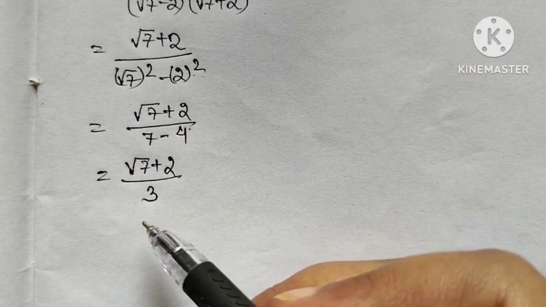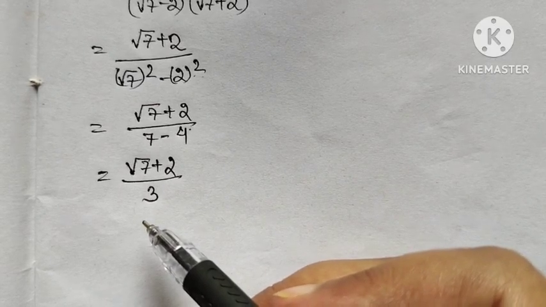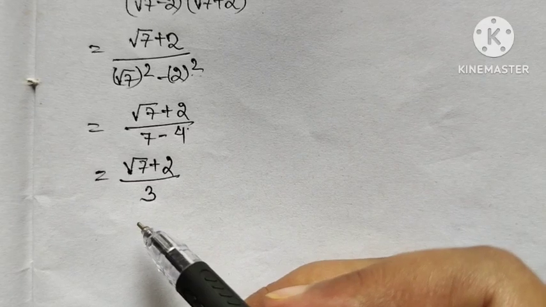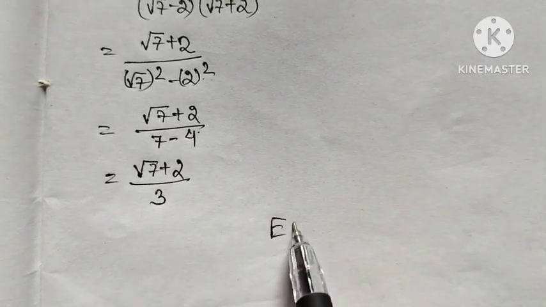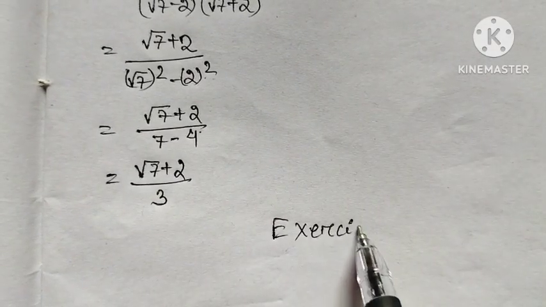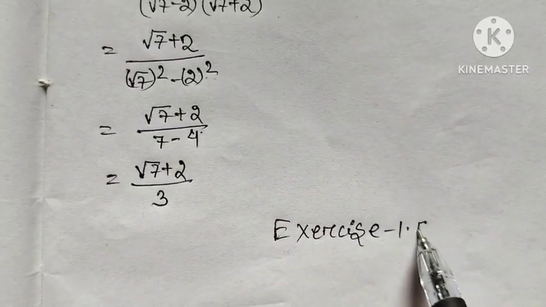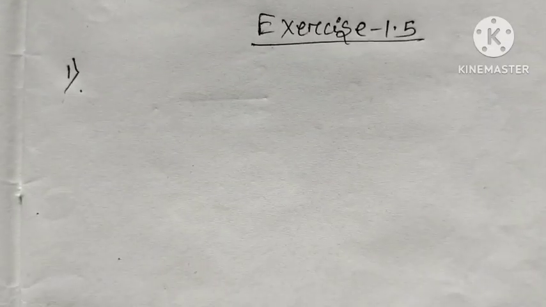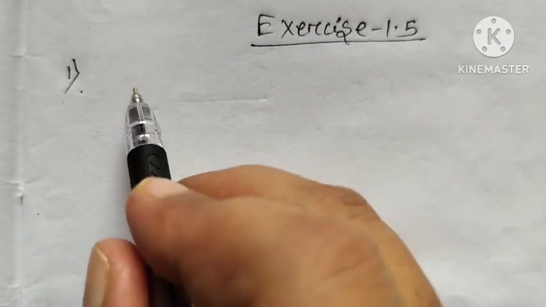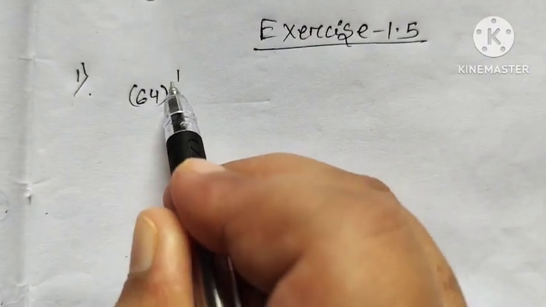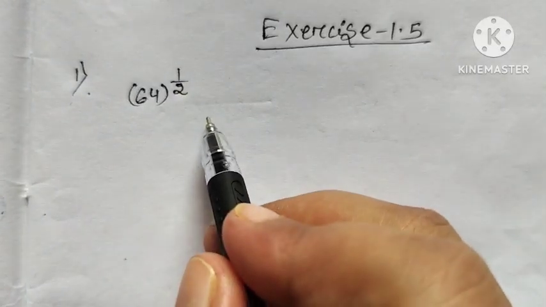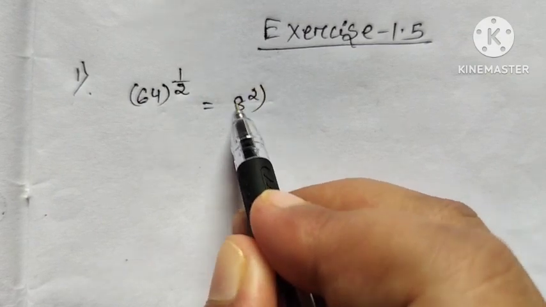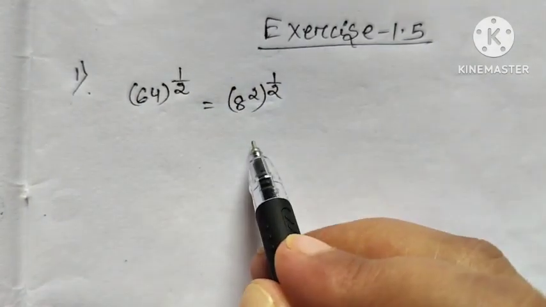The next is laws of exponents on real numbers, exercise 1.5. What is given? First question: find 64 whole to the power 1 by 2. You know 8 square is 64, so 8 square whole to the power 1 by 2.